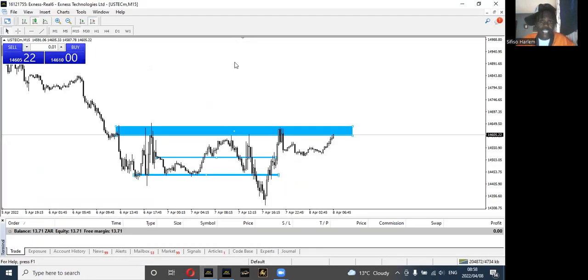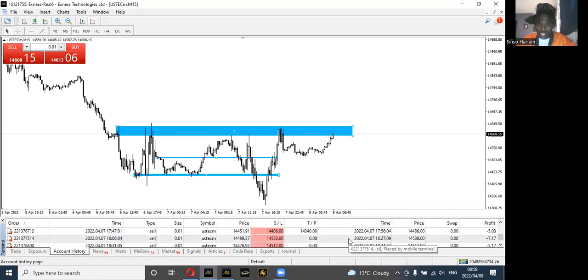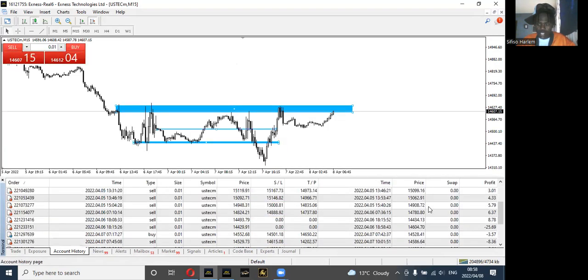We all can see that my account was on, I think, 36 Rand, and it's on 13 right now. We're trading at 13 right now. So yesterday, I took 3 trades. I took 3 trades, y'all can see. Let me try and do this.